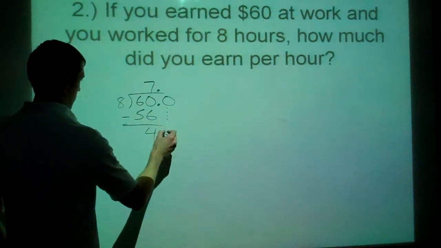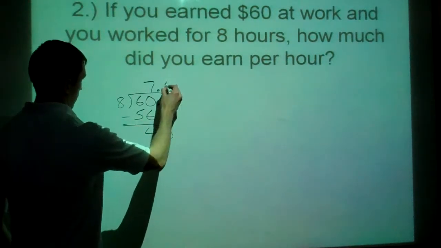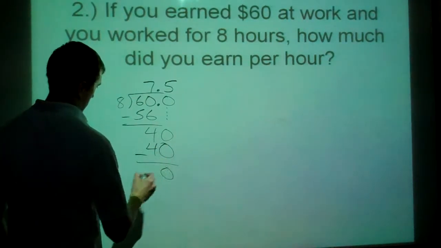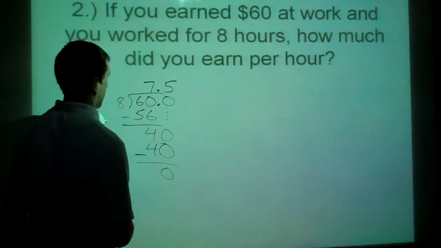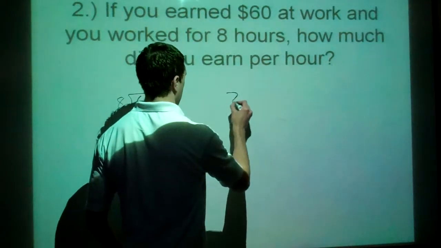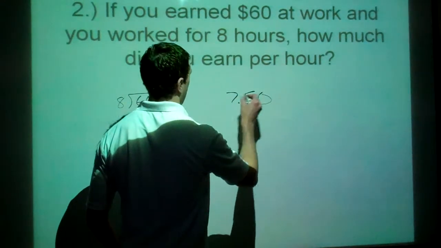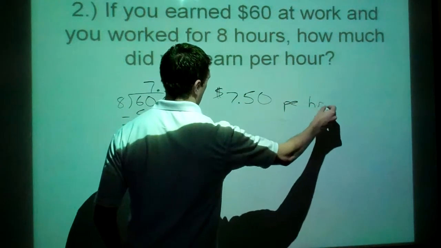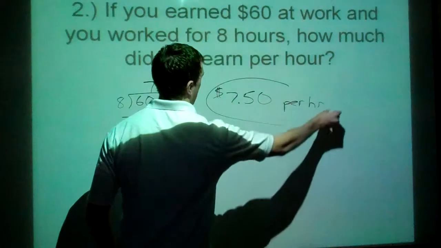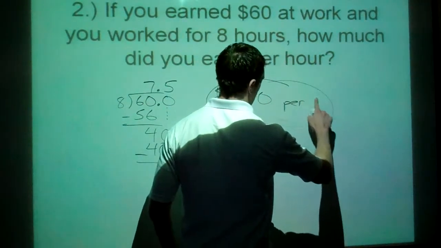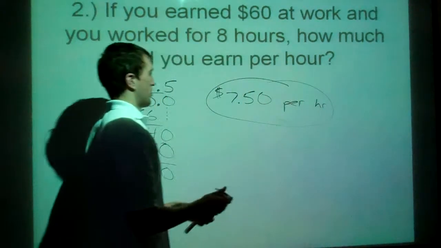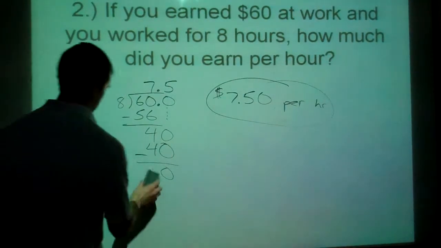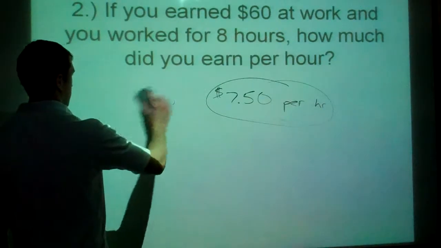And we drop our 0 down. 8 goes into 40 5 times evenly. So no remainder there. And we get 7.5, which is $7.50 per hour. So there we go. $7.50 per hour. Alright? That one should be fairly easy for us.